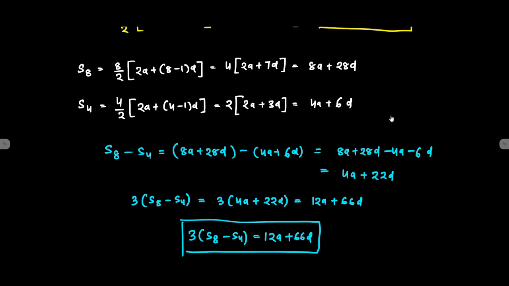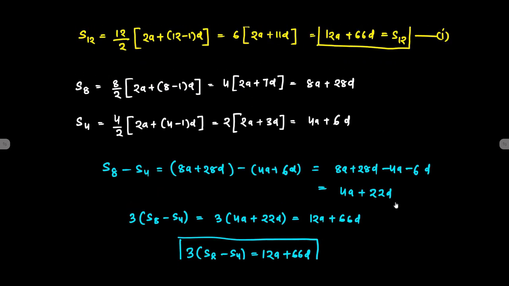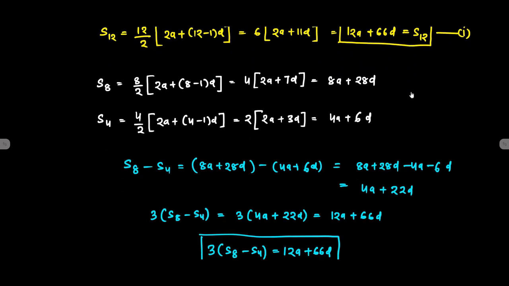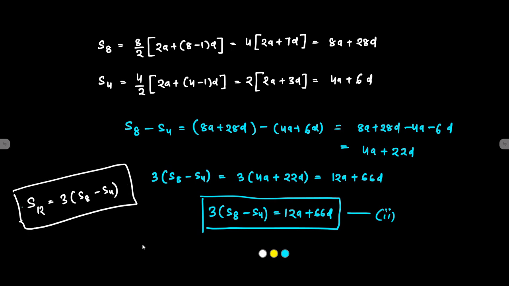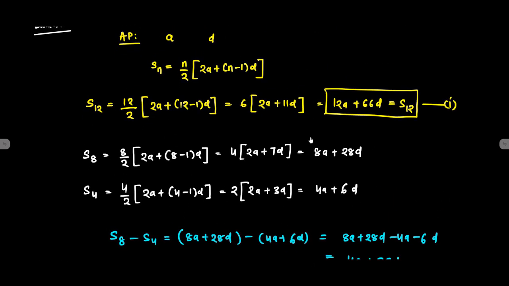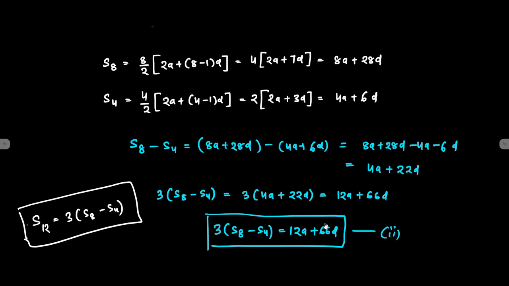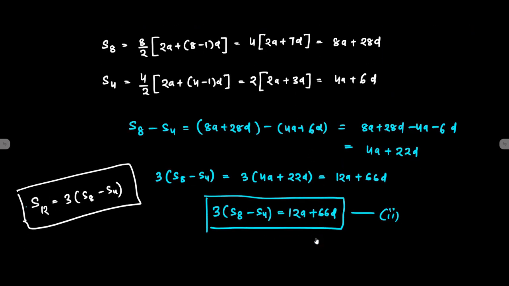So from these two we have that S12 is equal to 3 into S8 minus S4. Both are the same from 1 and 2. Both are equal to 12a plus 66d. Okay.